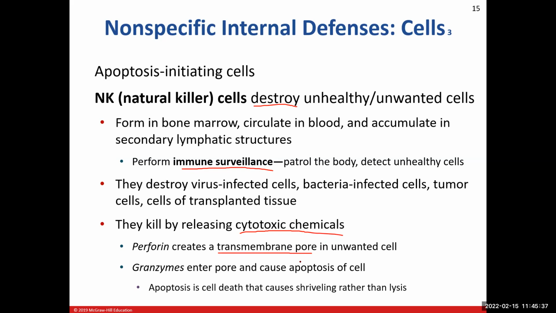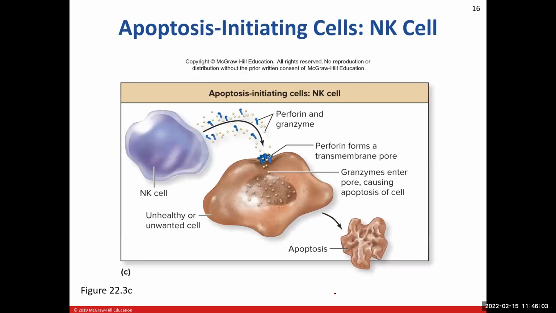And then the natural killer cell injects granzymes through that membrane pore, and these granzymes kill the cell by causing that cell to shrivel up. Apoptosis, know that term, apoptosis, cell death. That's what happens here. I'll show you a picture.